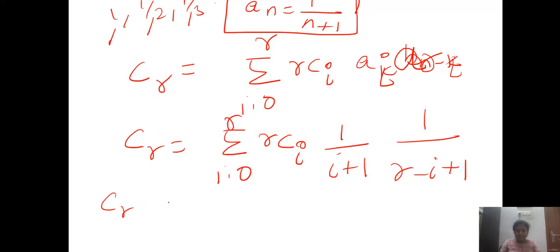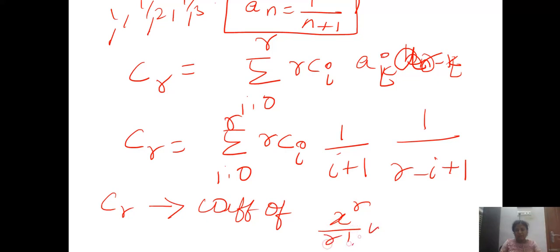Or else we can say C_r is the coefficient of x^r/r! in ((e^x - 1)/x)^2. All you have to do is find the coefficient of x^r/r! in this generating function.